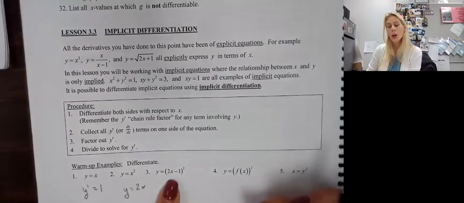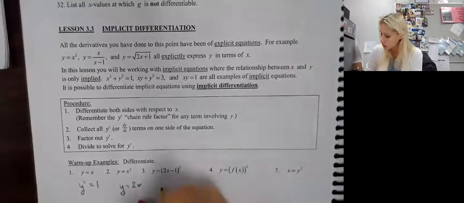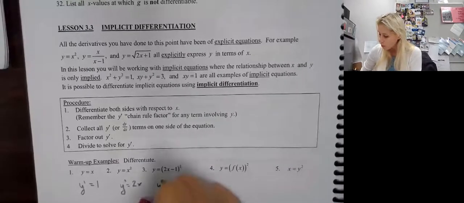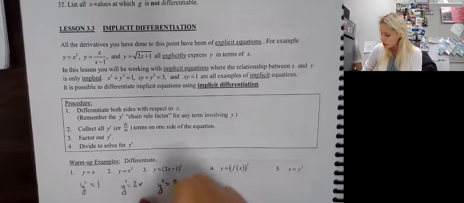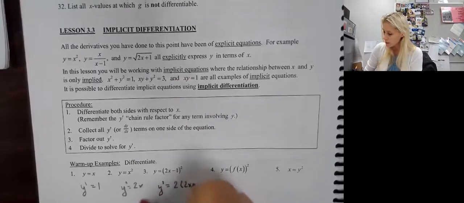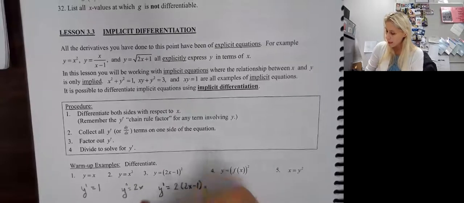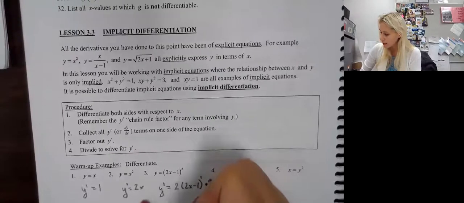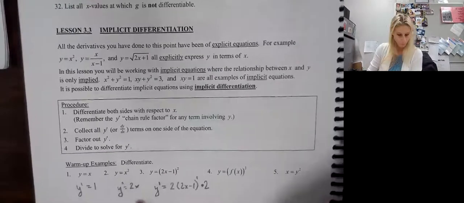You could FOIL it out and do the power, that's up to you, but you could do the chain rule. So we get, oops, I forgot y prime now, y prime equals 2, keep the inside, and that of course would be to the first, times the derivative of the inside, which is 2.